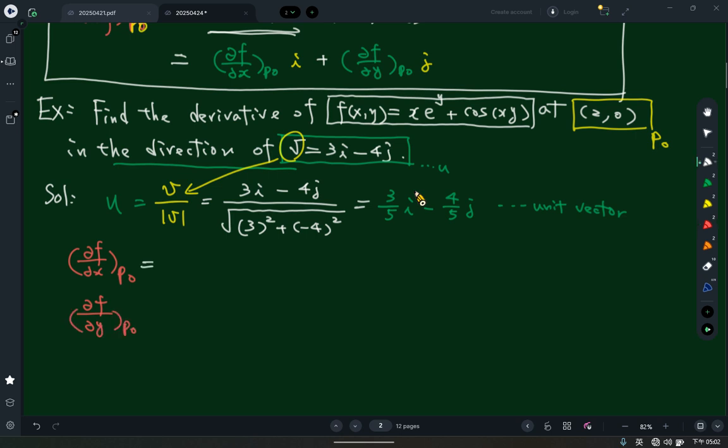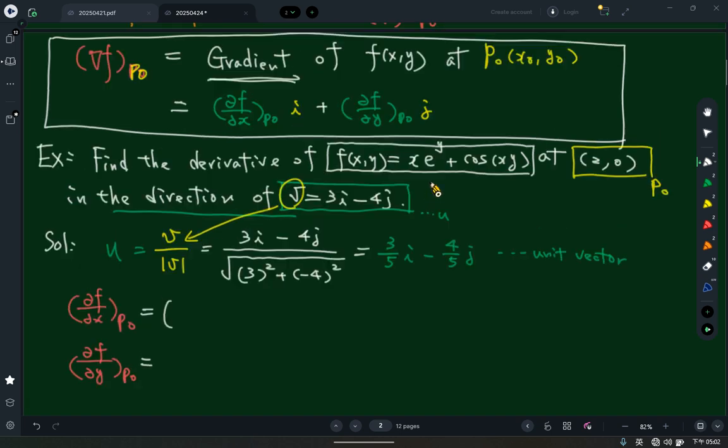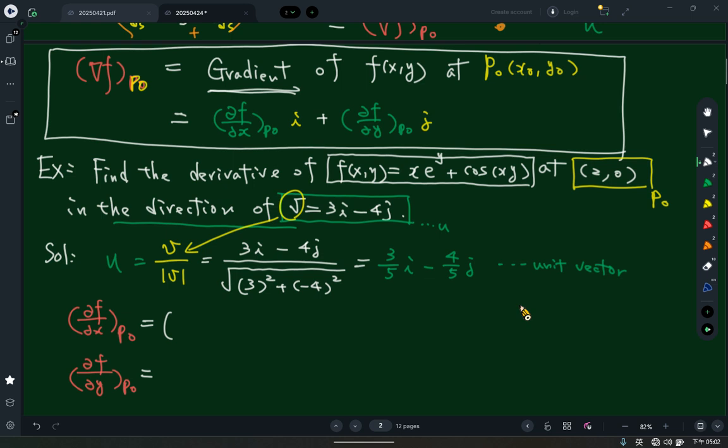So this is about the calculation for partial derivative. Based on this, partial f partial x will be e to the power y minus y times sine xy at P0, which is 2, 0, right?